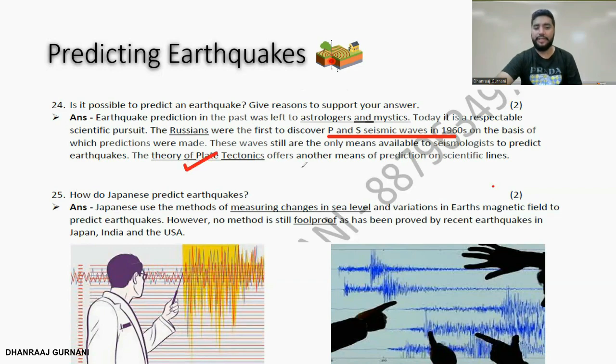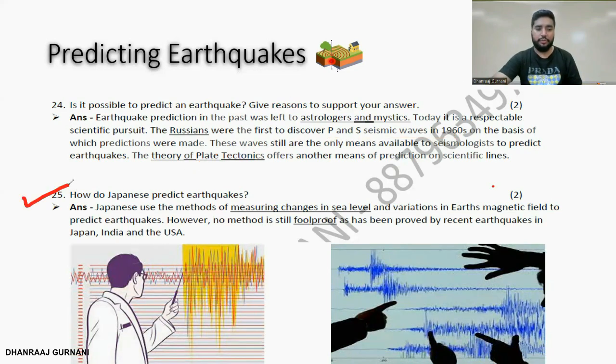The theory of plate tectonics offers other means for prediction of earthquakes on scientific lines. So two ways: P and S waves, which the Russians were the first to discover in the 1960s, and the theory of plate tectonics.